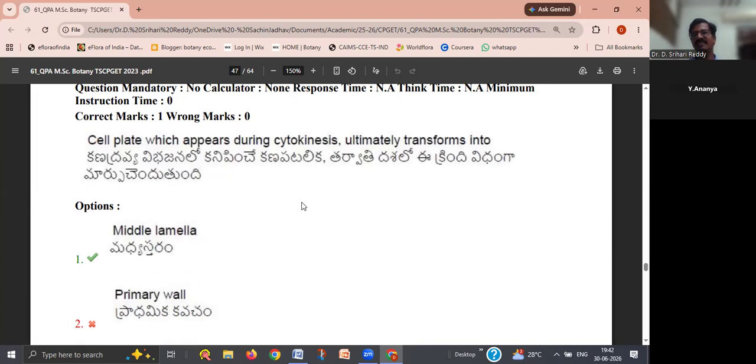Karyokinesis means division of the nucleus, and next we find the cytoplasmic division, cytokinesis, where initially we observe the formation of the cell plate with the help of the Golgi complex. Later it is transformed into the middle lamella due to the incorporation of calcium and magnesium pectate. It forms the middle lamella. That is the right answer.